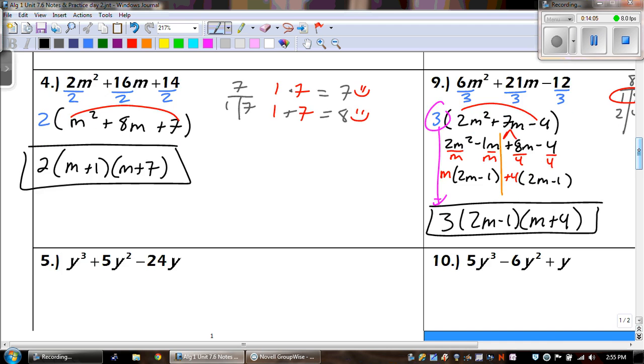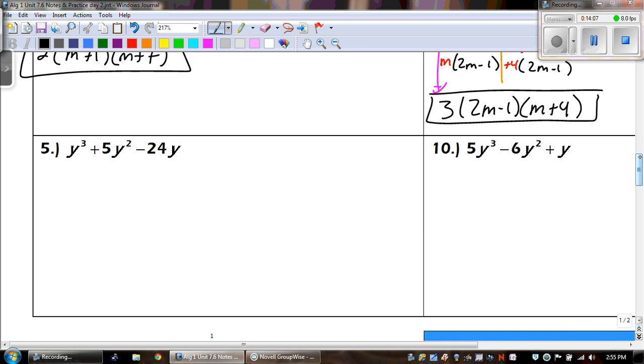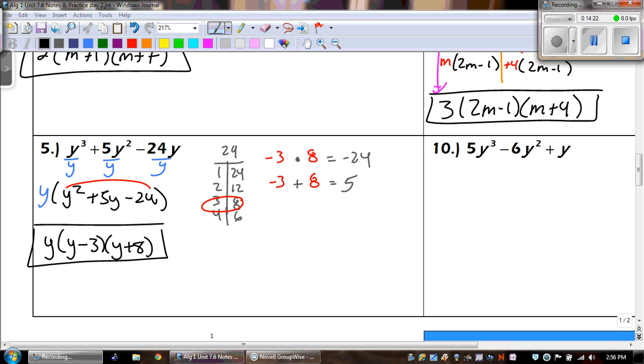All right. Number 5, you guys are all on your own. Go ahead and pause the video, and good luck. Okay, so the first thing you should have done was factored out the GCF of y. The y comes out front, and then you're left with y squared plus 5y minus 24.